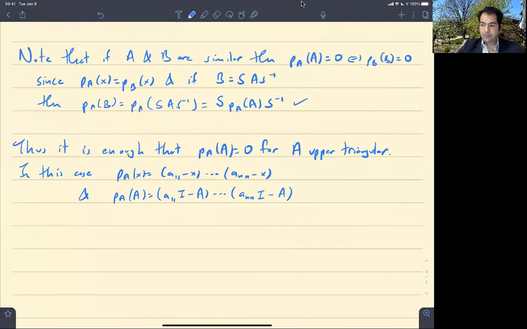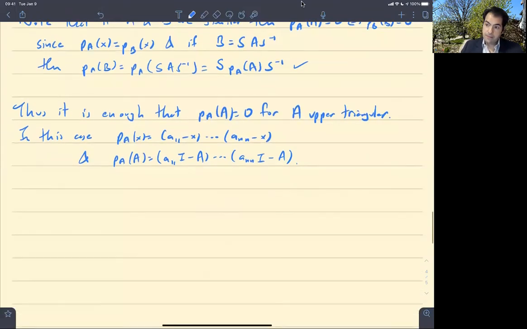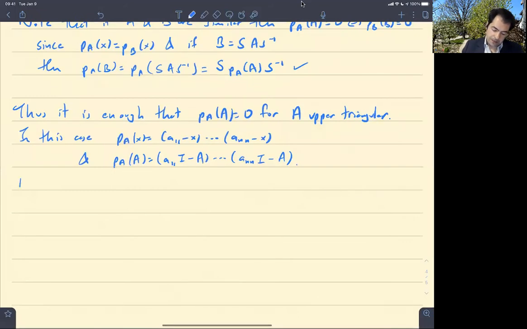Now notice that if you do AJJ times the identity minus the matrix A, A is upper triangular, right?